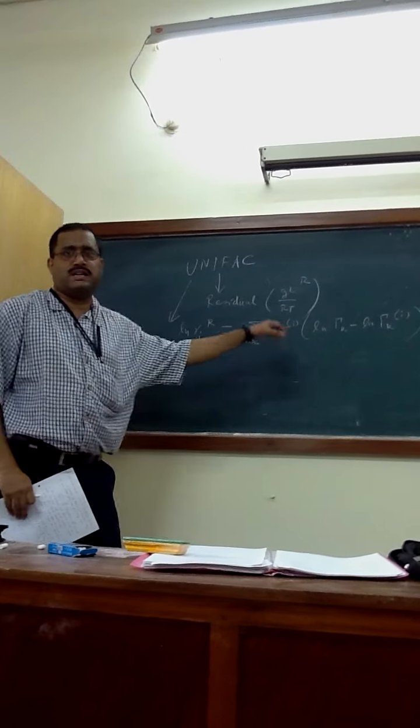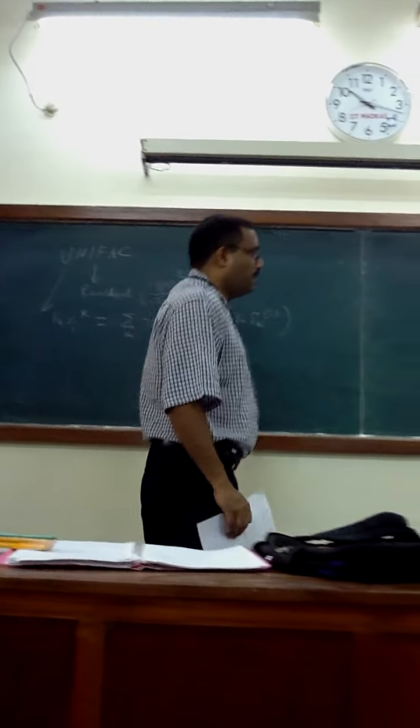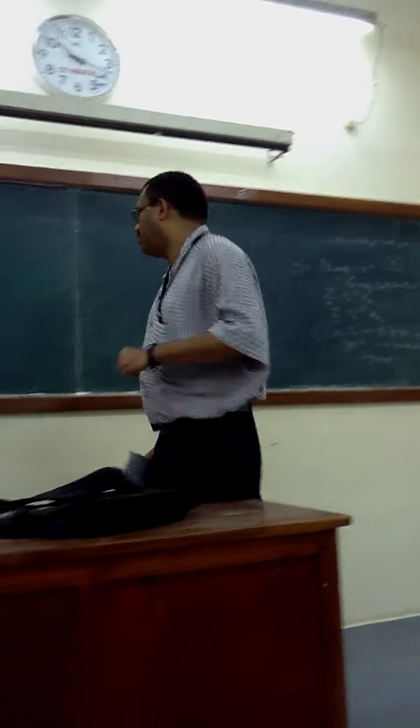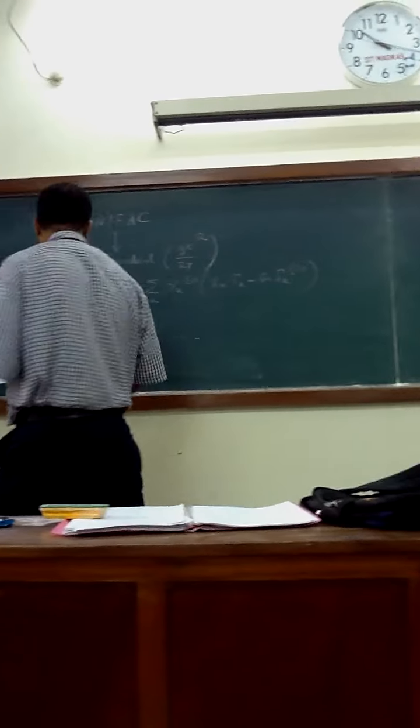Now by now we know that nu_k^(i) is given as the number of groups of type k in a molecule of component i.